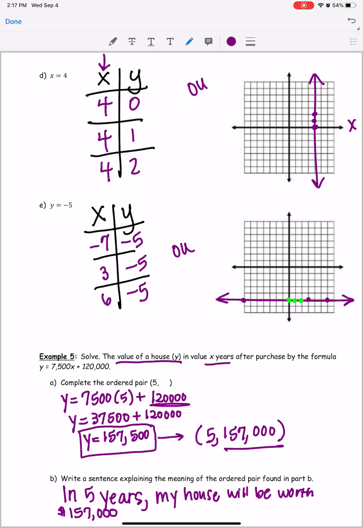We need to talk about this number here. That number is how much I paid for my house to begin with. So in 5 years, my house will be worth $157,000 if I bought it for $120,000.